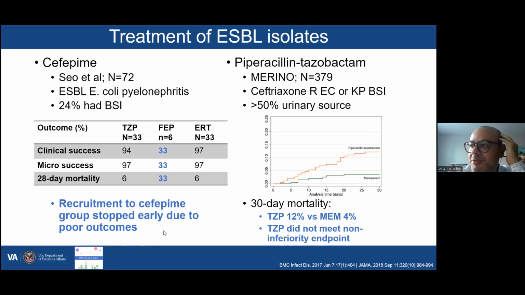They had to stop recruitment into the cefepime arm early because of mortality and poor clinical response. Then there's the MERINO trial that people talk about, and it did not find that pip/tazo was non-inferior to meropenem in patients with ESBL bloodstream infections. So don't use those guys if you have ESBL.